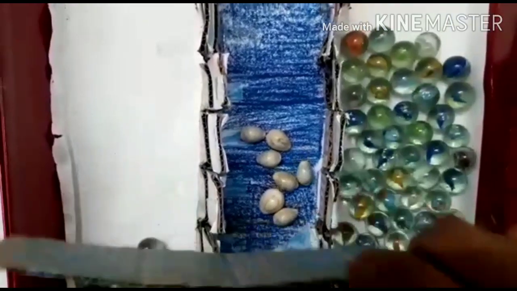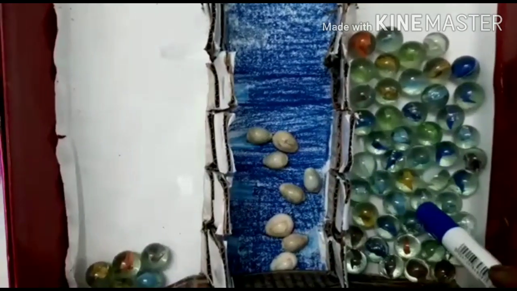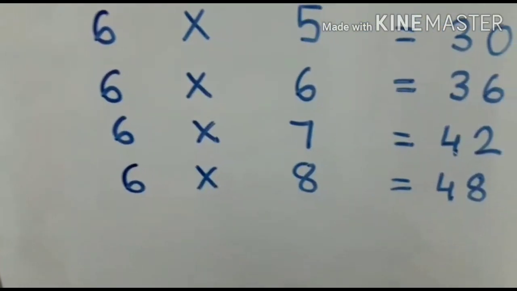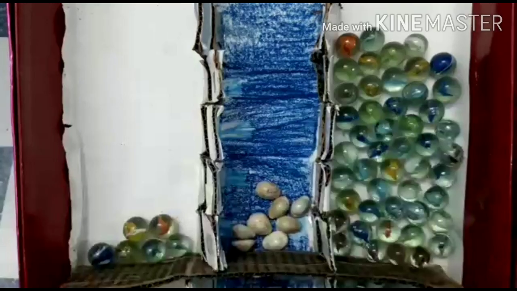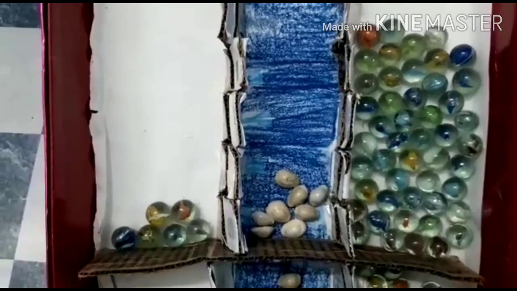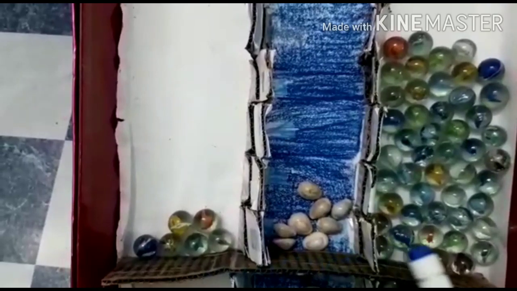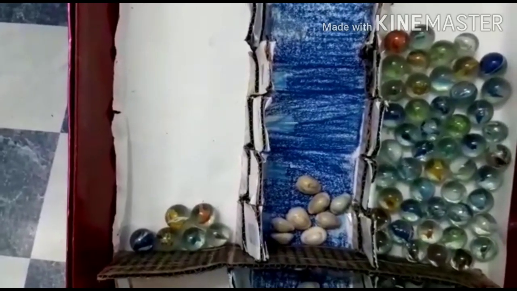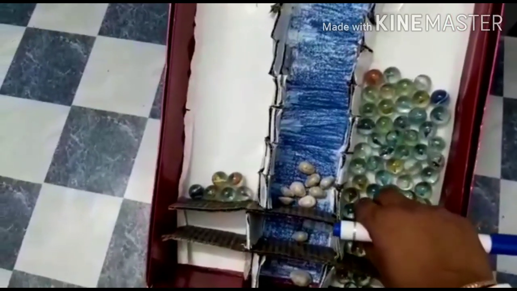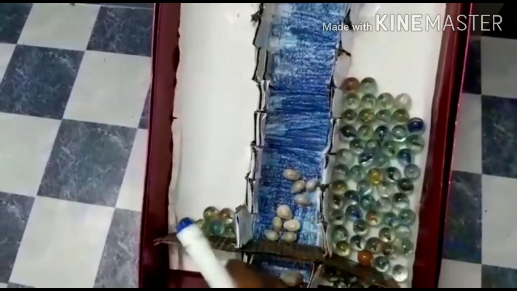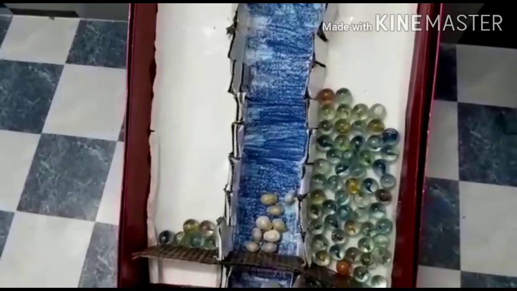Then again I will take this piece of board. Then 6 eights are 48. That I have written on the board. Next I will take away this cardboard, and then taking the next one, we are having 6 nines are 54.